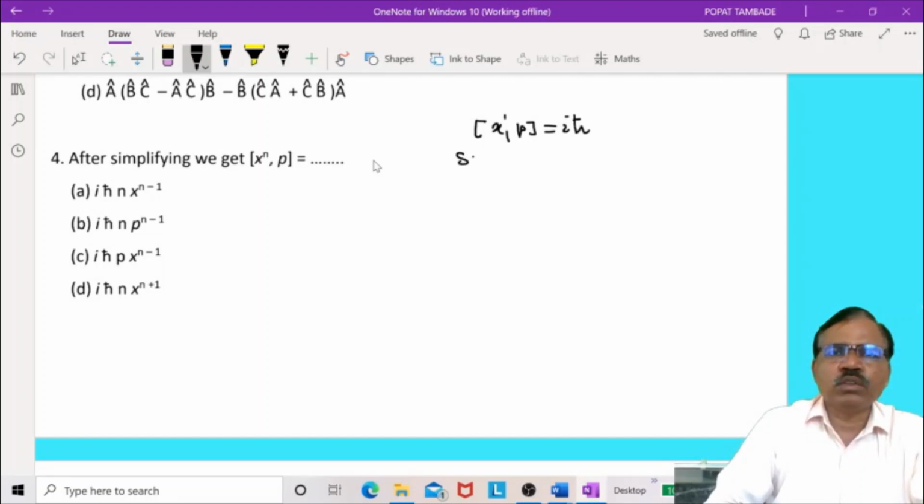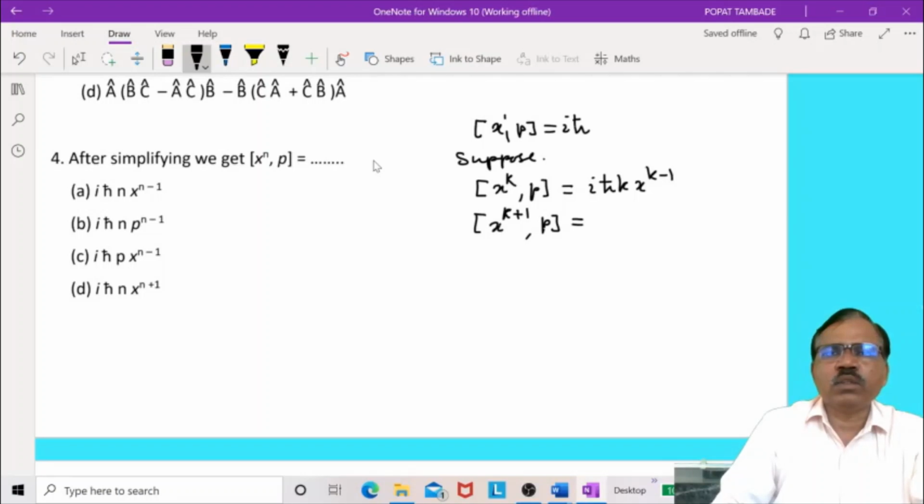So we suppose that this is true for x raised to k, that is, the commutator of x raised to k with p is equal to i h bar k x raised to k minus 1, and we show that it is also true for k plus 1.